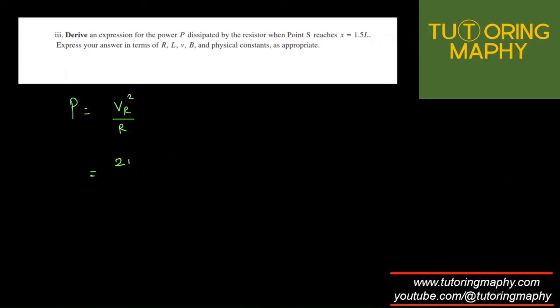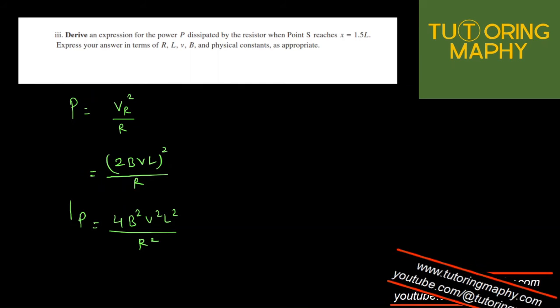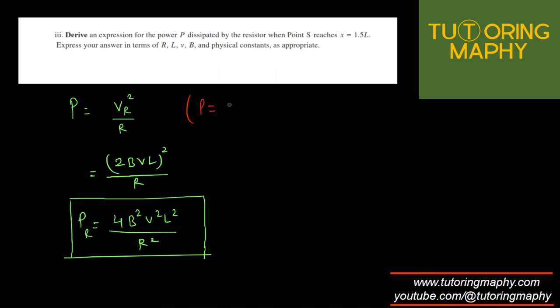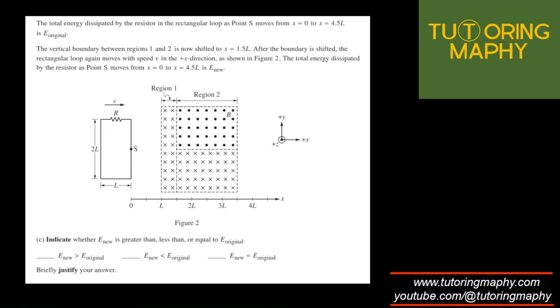So I'm just going to take (2BvL) whole square over R. So that's going to be 4B square v square L square over R. So that's going to be our answer for the power dissipated. You could have used I square R as well, guys. It's totally fine. That will still give you the same answer, so don't worry about that.